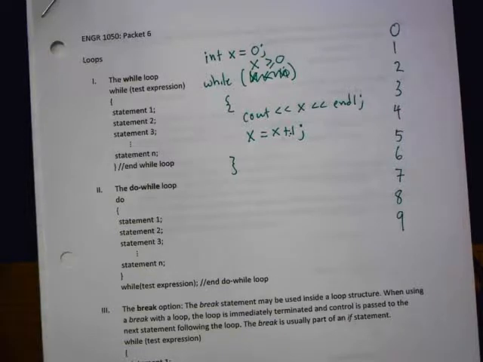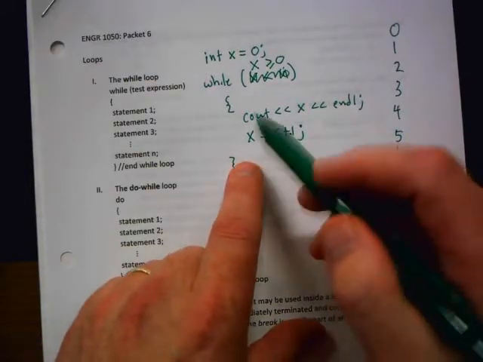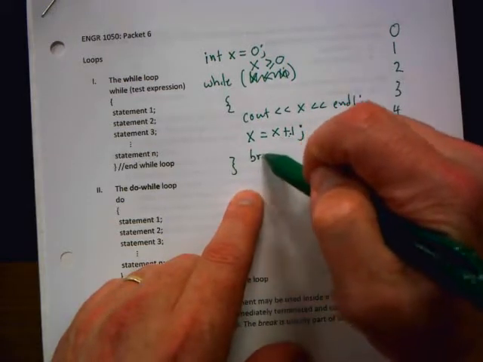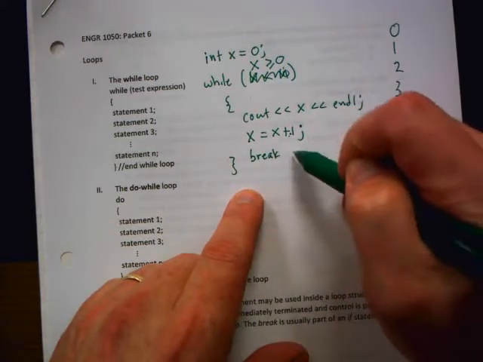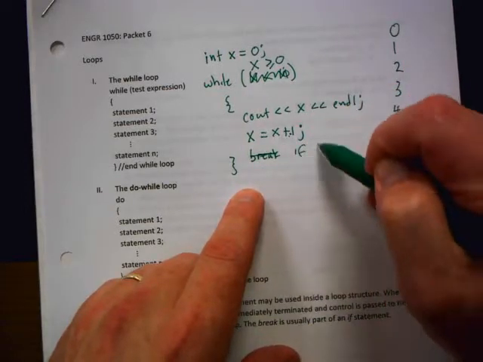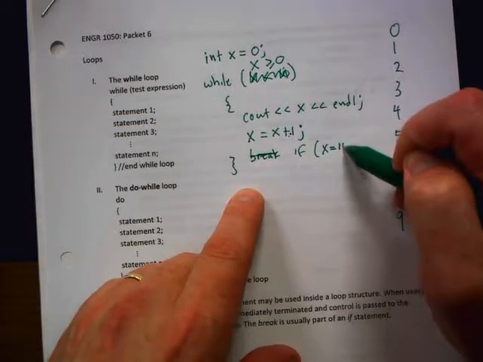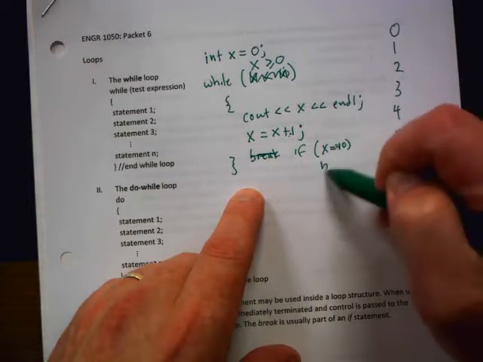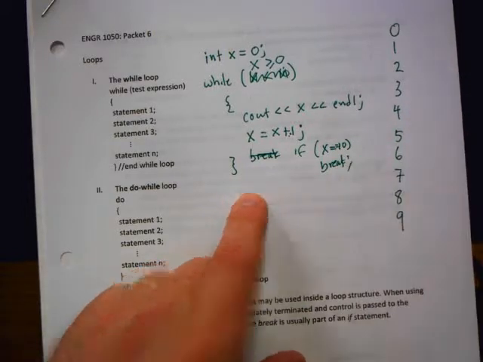It would never stop. So I could put a break in here somewhere. Usually you would have an if statement: if x equals 10, break, and that would kill it.